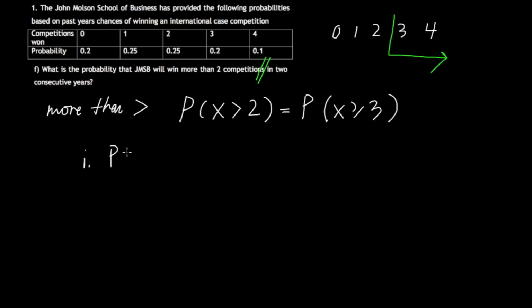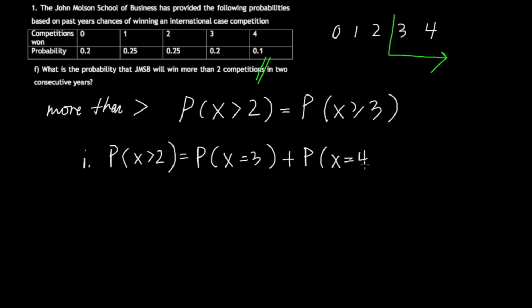So the probability of it being greater than 2 is equal to the probability of x equals 3 plus the probability of x equals 4.